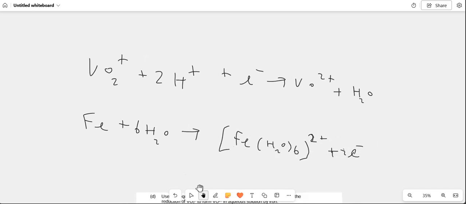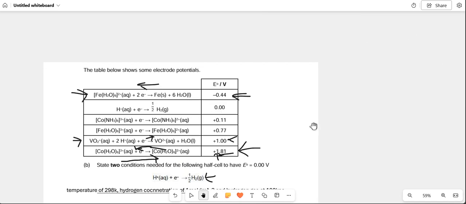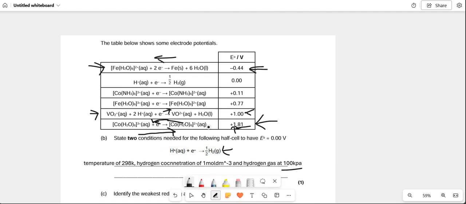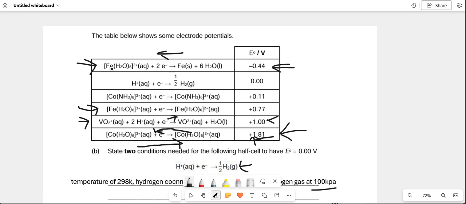Now you have to remember we have another half equation down here, so this one's a bit techy. After you form Fe(H2O)6 2+, because this is also a smaller value than 1.0, it's going to do this reaction as well. It goes from Fe(H2O)6 2+ to Fe(H2O)6 3+.